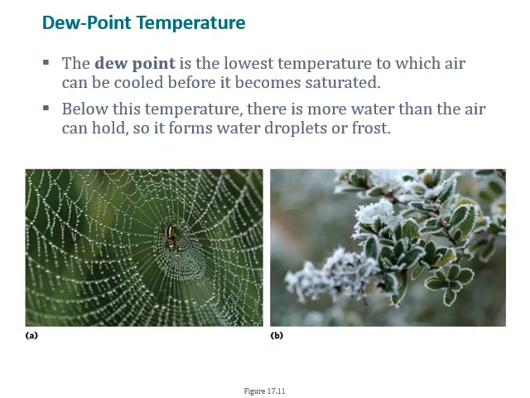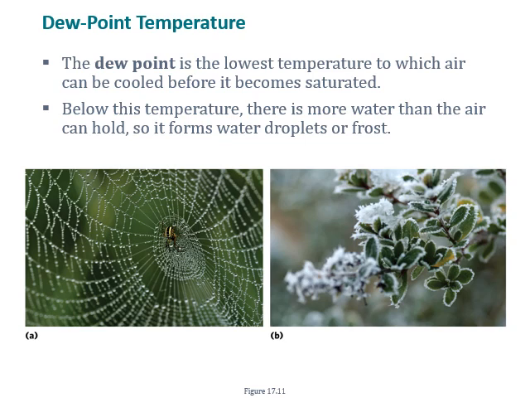You may have heard of a term called the dew point on the Weather Channel before. The dew point is the lowest temperature to which air can be cooled before it becomes saturated. Below this temperature, there's more water than the air can hold, so it forms water droplets or frost that accumulate on solid materials on or near Earth's surface.